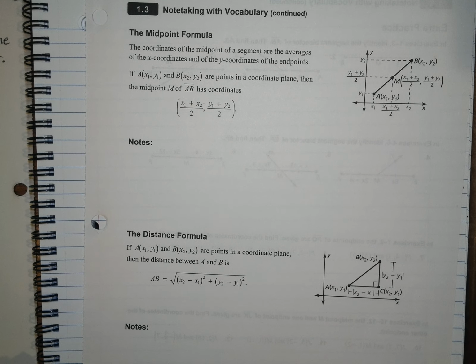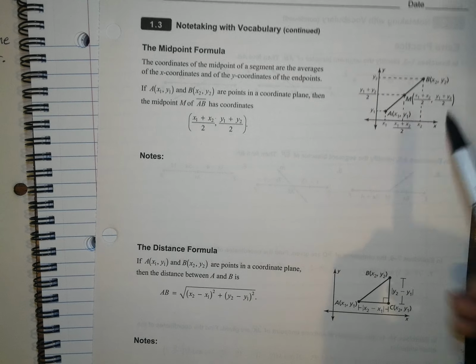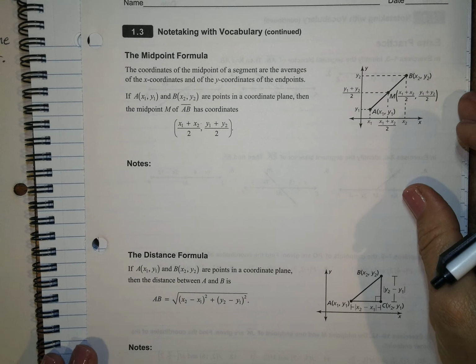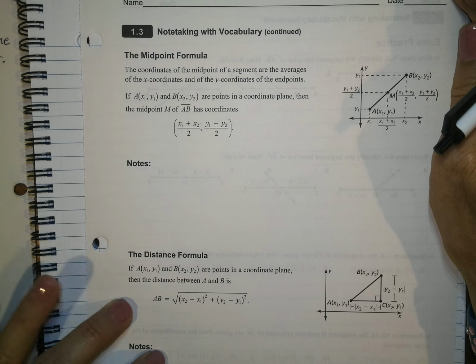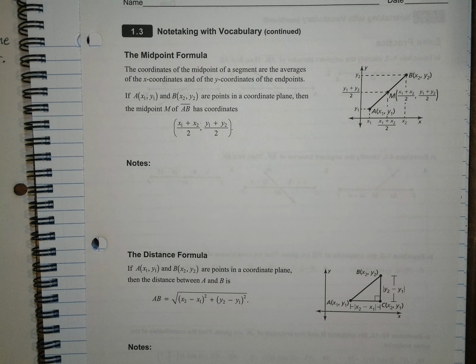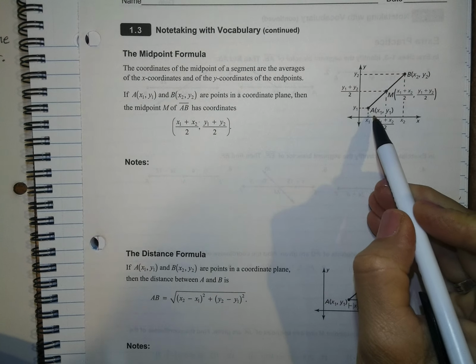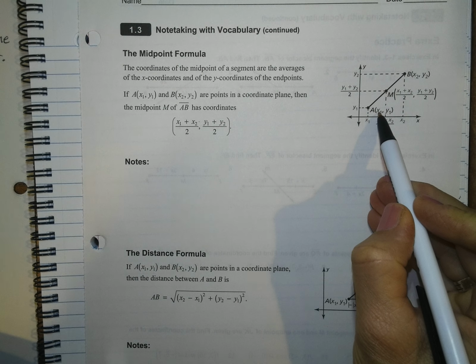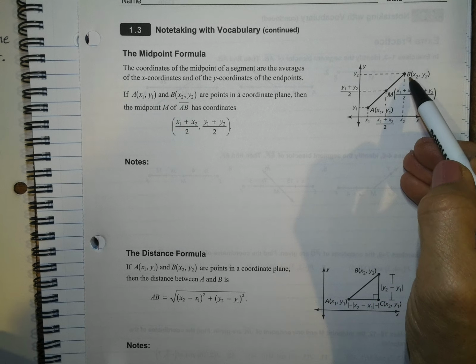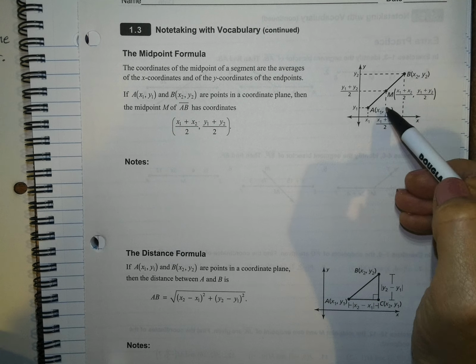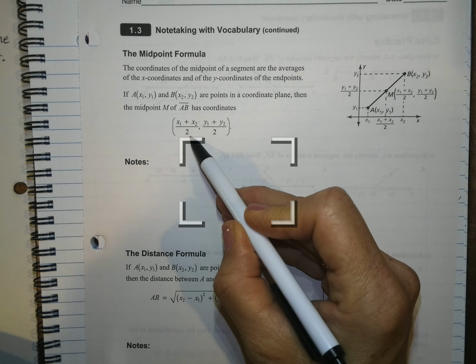We can just use our little formula with your x-axis and your y-axis. This is an algebra review concept. If you add up the endpoints and divide by 2, you're finding the middle, which is the midpoint. So if A has a coordinate of x sub 1, y sub 1, and if B has a coordinate of x sub 2, y sub 2, then you can add the x's together and divide by 2.